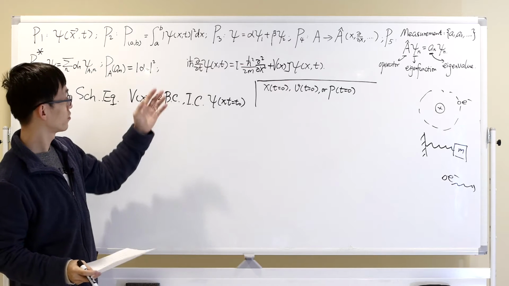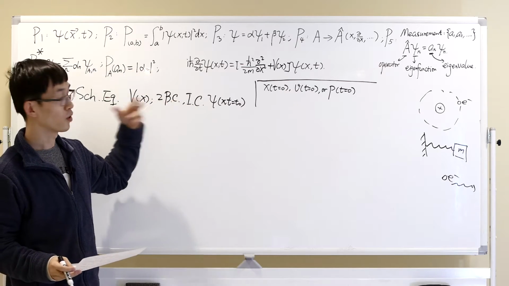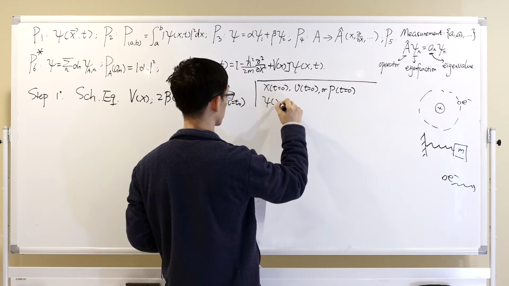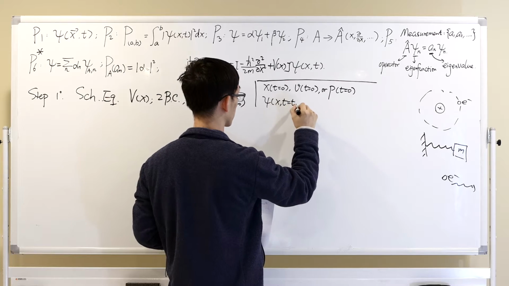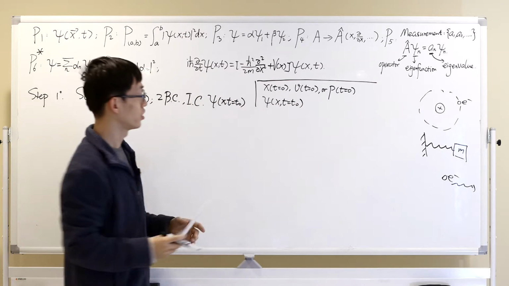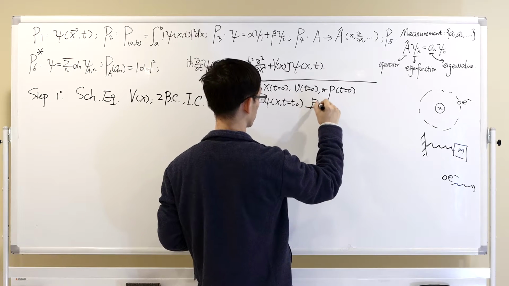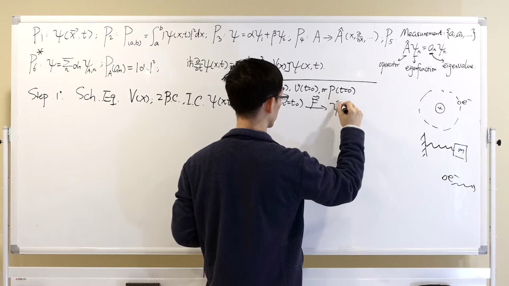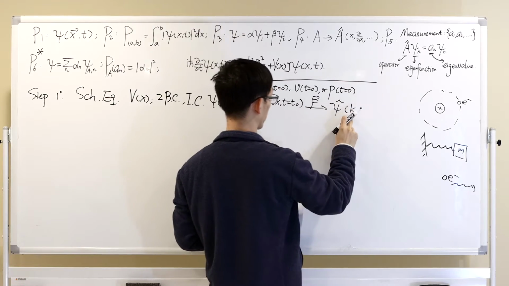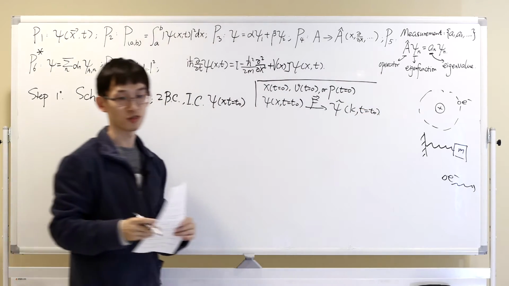And then previously when we introduced the Fourier transform, we learned that if you know the wave function described by position, you can apply a Fourier transform to know the wave function in k space, in momentum space.